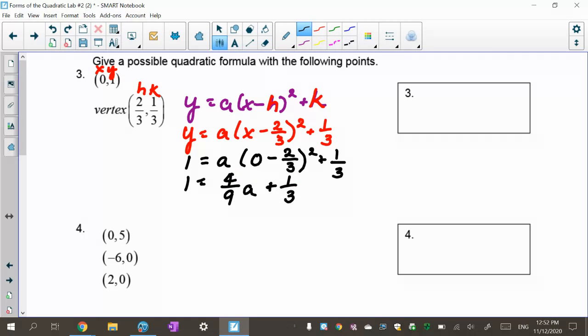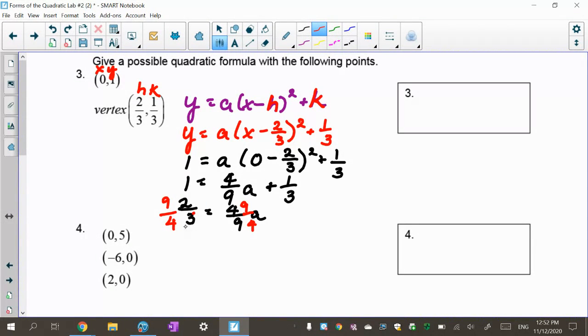Now I'm going to subtract 1/3 from both sides. So when I subtract 1/3 from both sides, 2/3 equals 4/9 times a. And then I know I can divide by 4/9, but I can also multiply by 9/4, the reciprocal, because that would make that a 1.